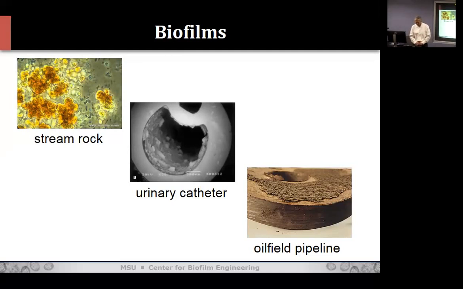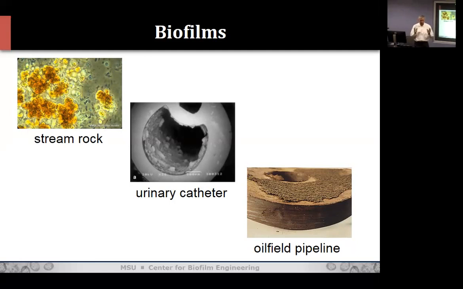So one thing I want you to take from this slide is that we would say that biofilm formation is an ancient, ubiquitous microbial survival strategy. It happens in nature. We identify it increasingly in a number of medical contexts where they are the cause of persistent infections, and also widely in industry.